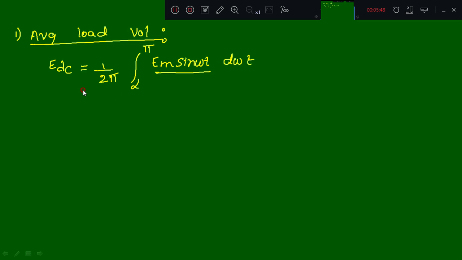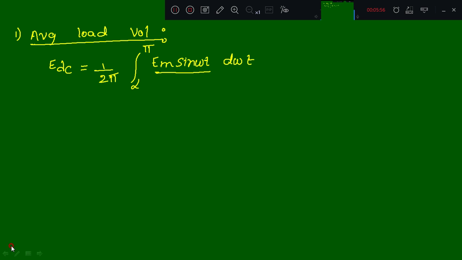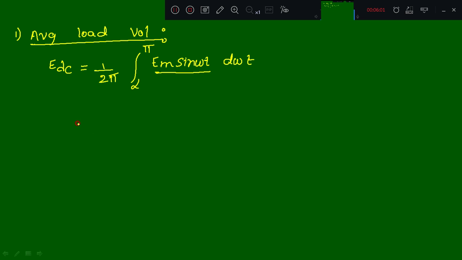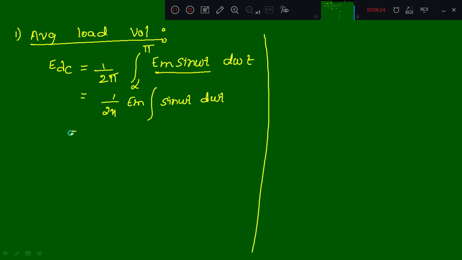Now if we derive this mathematically, we get 1 upon 2 pi. Em is constant, integration of sin omega t d omega t. Then we get Em upon 2 pi, and the range of integration is from alpha to pi.